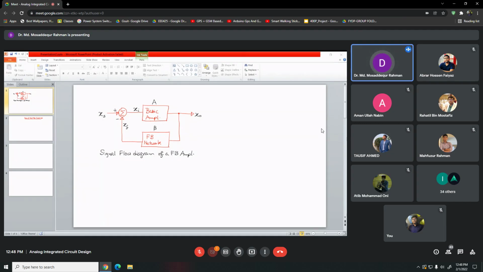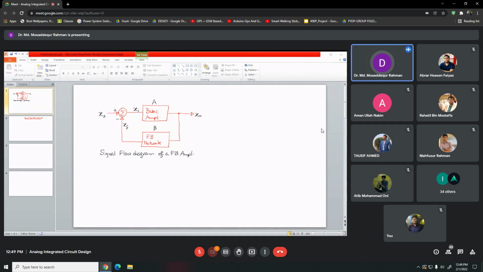So our input signal to the amplifier, Xi, is the difference between our source signal and the feedback signal, right? So that's why it's called negative feedback.